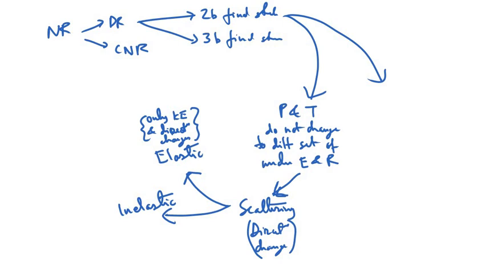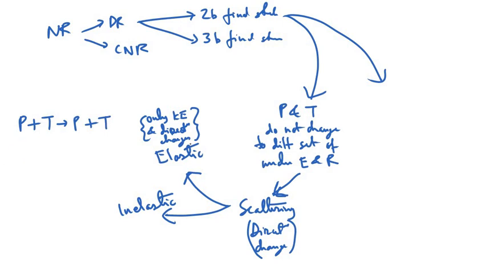Now tell me, have I talked about excitation of the nuclei? No. Have I talked about the excitation of nuclei? So basically we are talking about this reaction, projectile plus target forming projectile plus target.